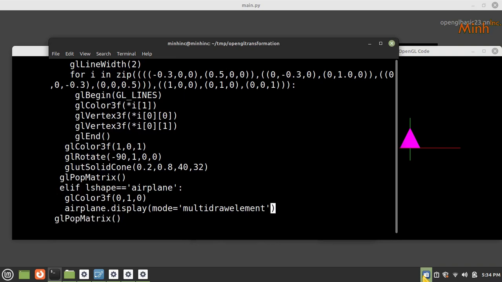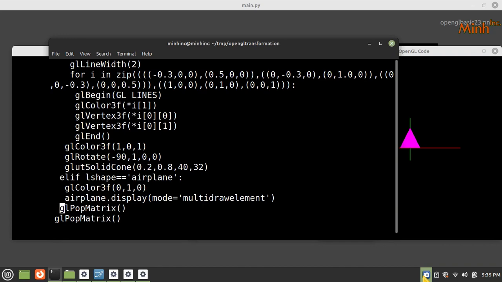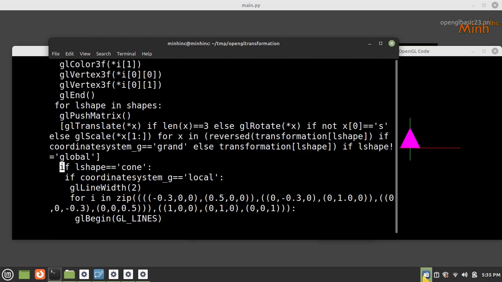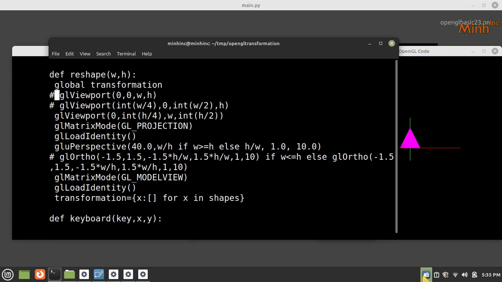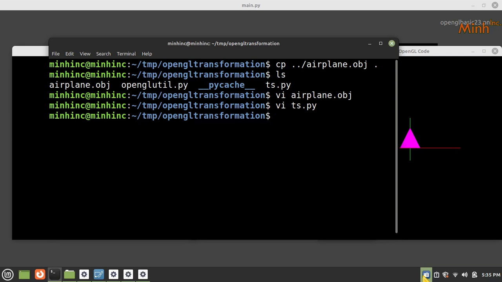That's it. So the airplane should come now. I think glPopMatrix would come here. We'll come back to the original, that is glViewport. We'll try now.